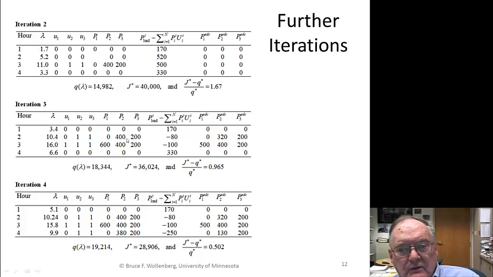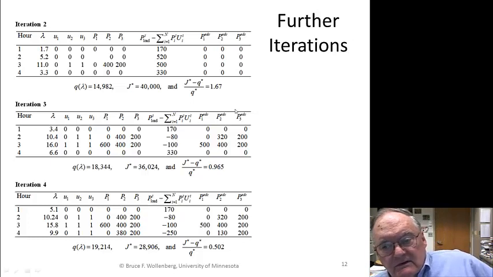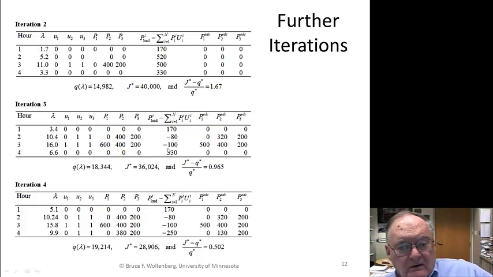Then these were the values I got. And then I went over here and did an economic dispatch, which changed that to the economic dispatch values over here. And this J star number is the sum of all the actual operating costs.